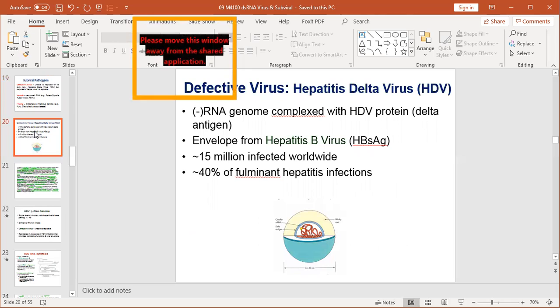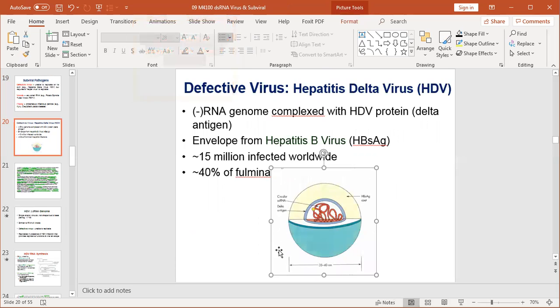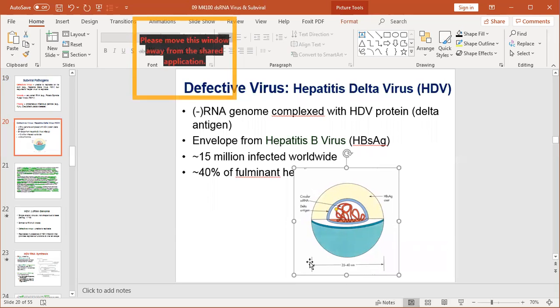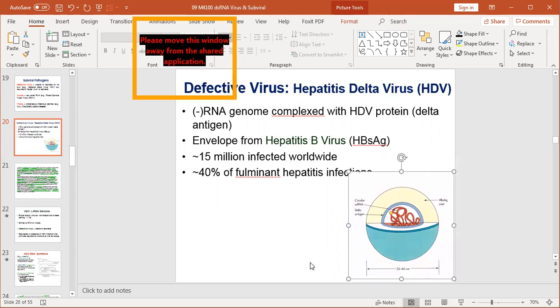Slide number 20, let's talk about defective virus. An example would be hepatitis delta virus. It has a negative RNA genome that is complexed with hepatitis delta virus protein, the so-called delta antigen. And this delta antigen has an envelope.